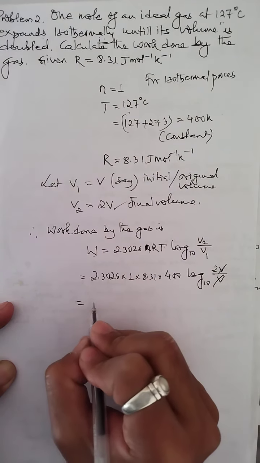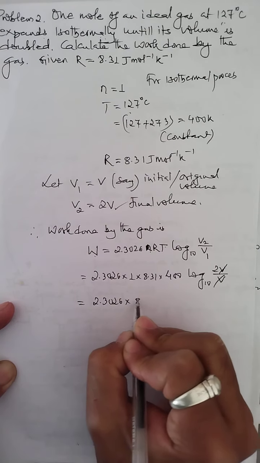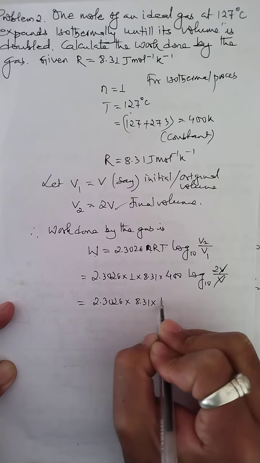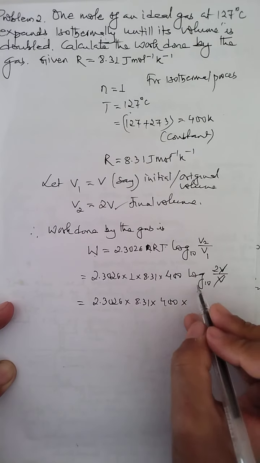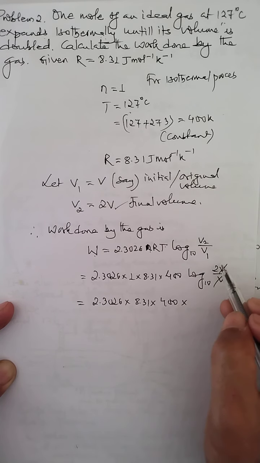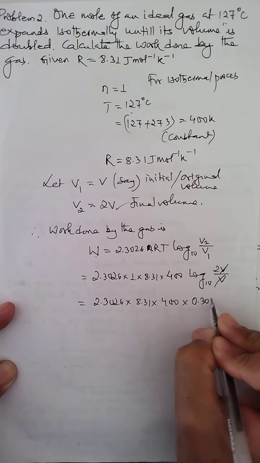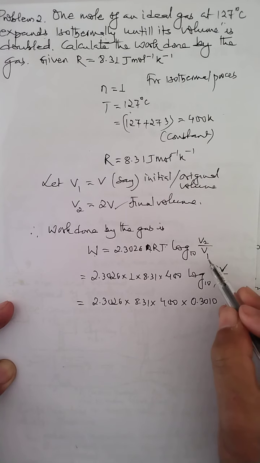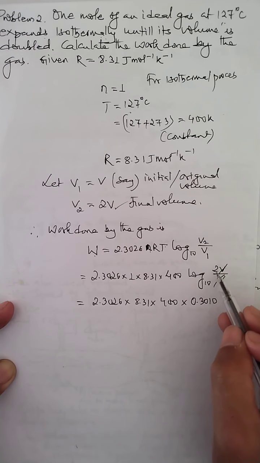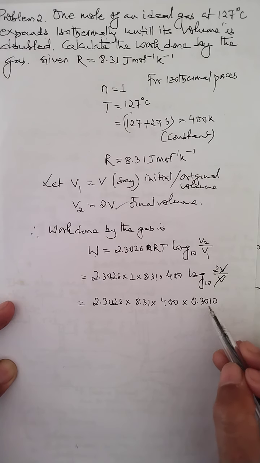Now 2.3026 into 8.31 into 400, times log of base 10 of 2. You can use the calculator. Log of 2 with base 10, you get the value 0.3010. Please use the calculator and check.